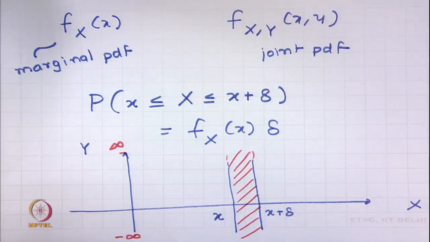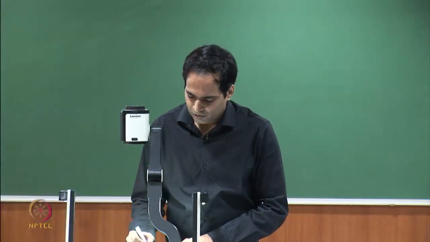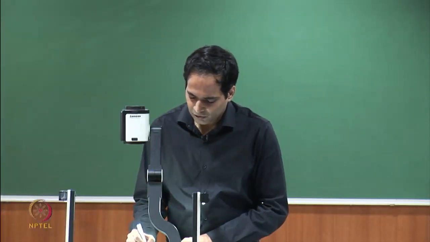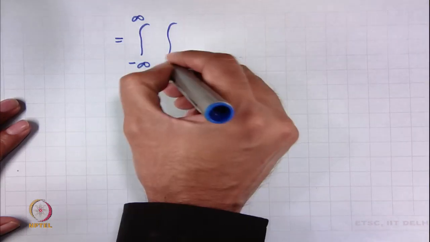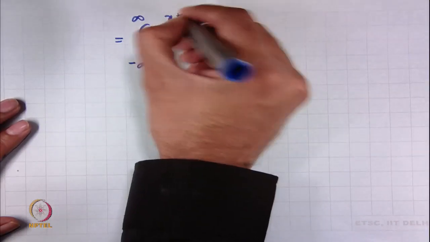So, if I want to compute this probability in terms of the joint PDF, what I am saying is y should go from minus infinity to plus infinity and x should go from x to x plus delta.